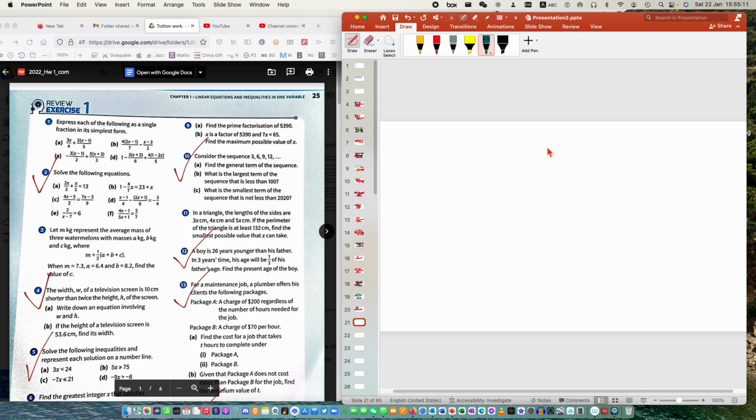So question 10. We have talked about it even in your P6 and Sec 1 already. The pattern 3, 6, 9, 12, so the difference is plus 3. We are talking about question 10. If you don't know, we talked about it so many times.